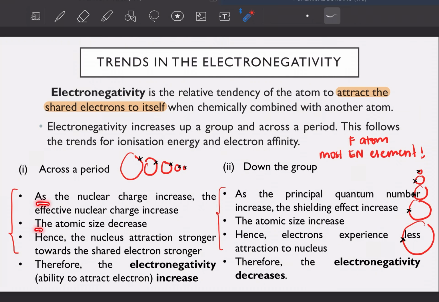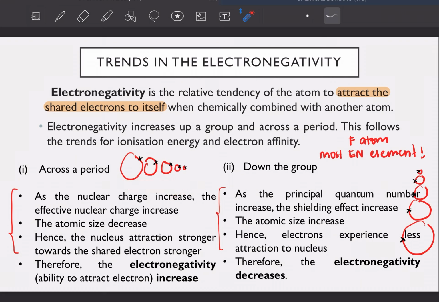So the first 3 points here, we are going to talk about the atomic radius explanation. You know that across a period, the nuclear charge increases, the number of protons increases. So ZEF increases. So that means your atomic size will decrease, getting smaller and smaller.